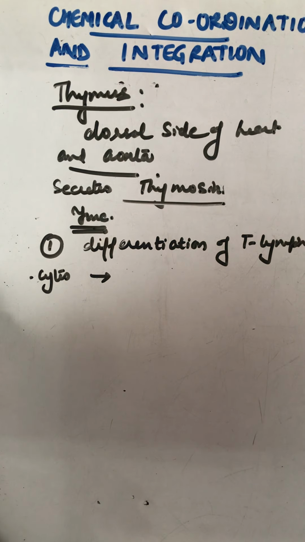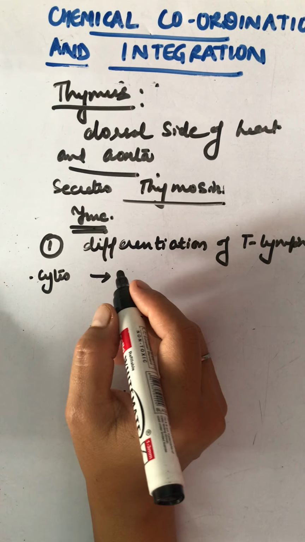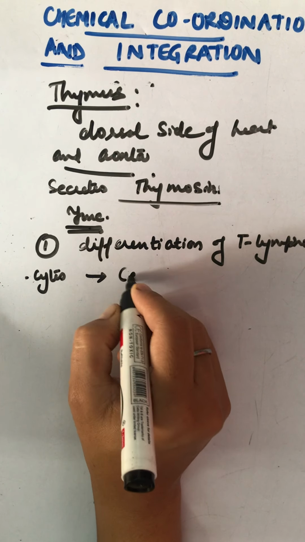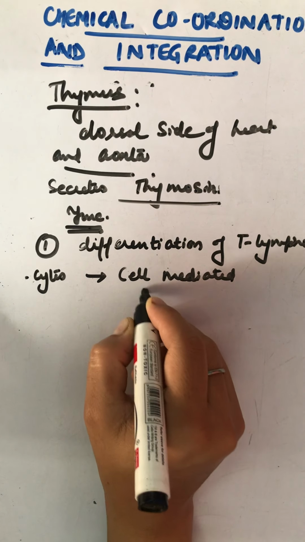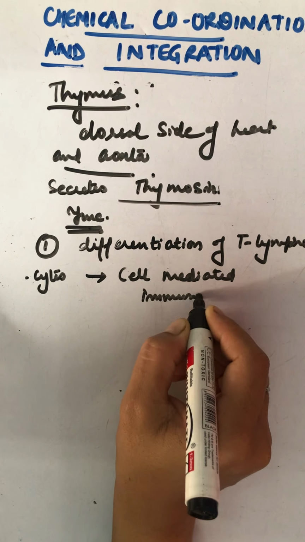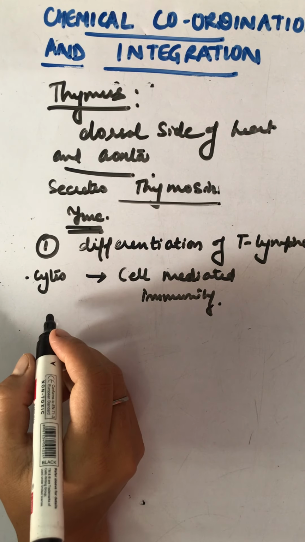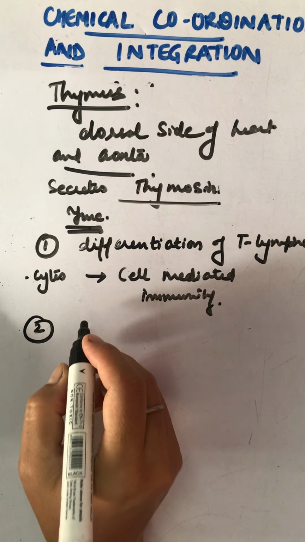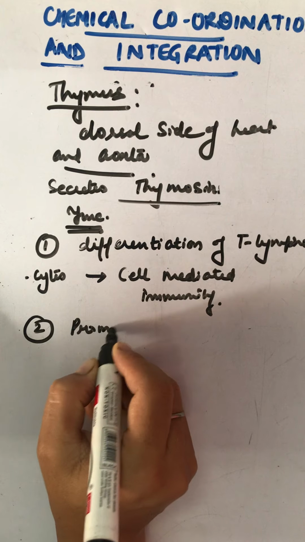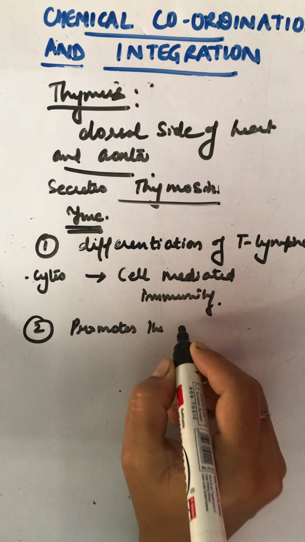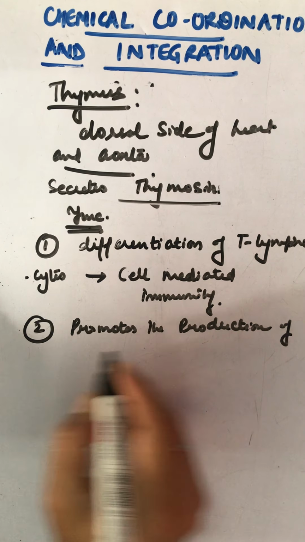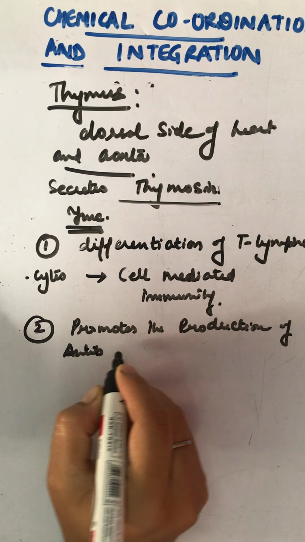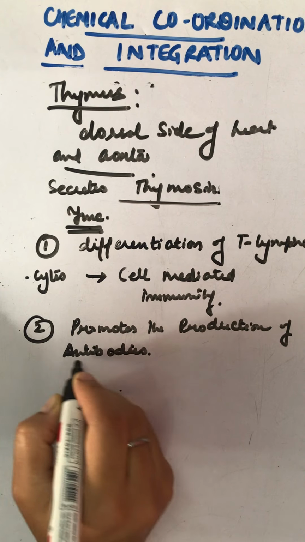टी lymphocytes कौन सी हमें इम्यूनिटी प्रोवाइड करते हैं? दैट इज सेल मीडिएटेड इम्यूनिटी. And number two, promotes the production of antibodies.